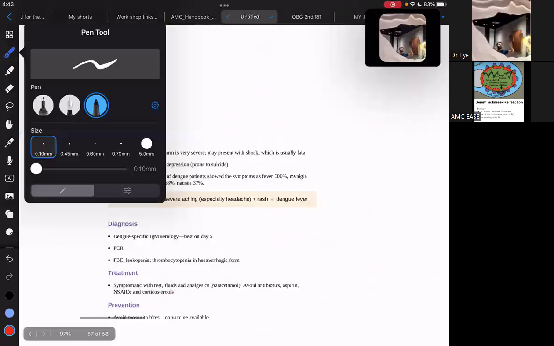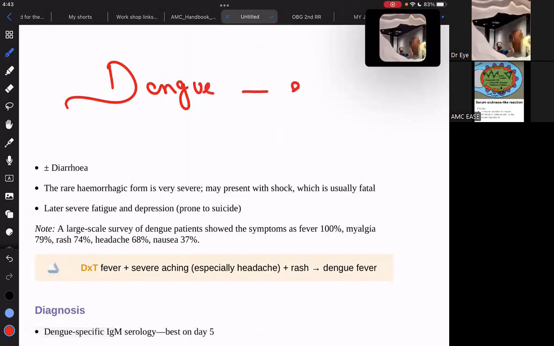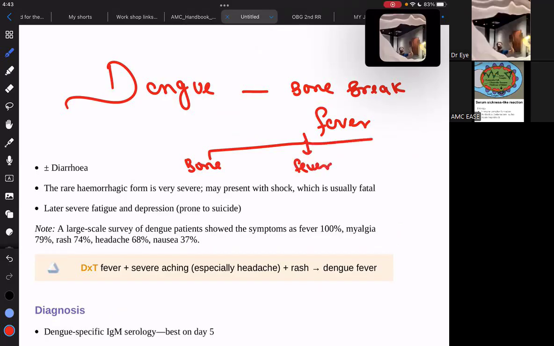Now let's talk about dengue. Important points. Remember that this is also called bone breaking fever. So the patient will have bone pain also here. The patient will have, of course, fever. The patient will have maculopapular rash also, right?